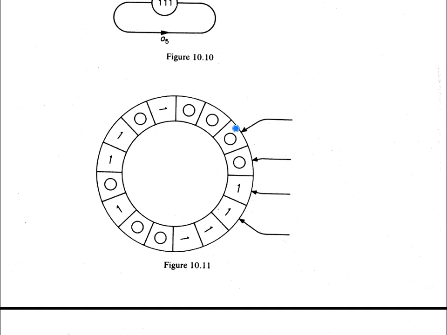Our vertices will be pairs of binary digits. So I'll have 0, 0, 0, 1, 1, 0, and 1, 1. Now let's see our arcs.